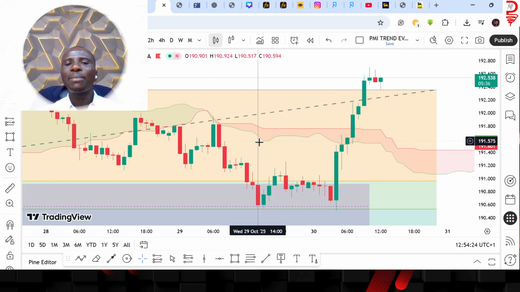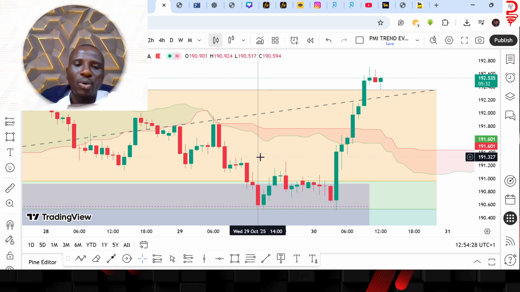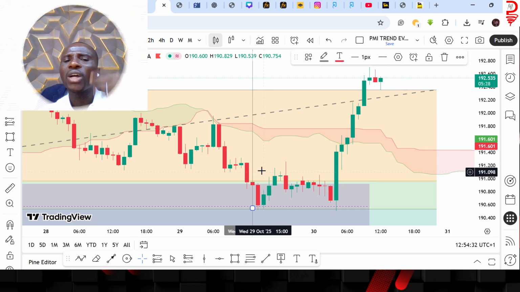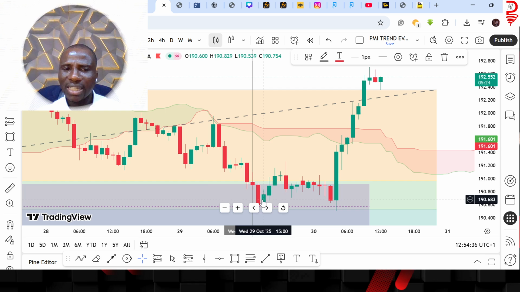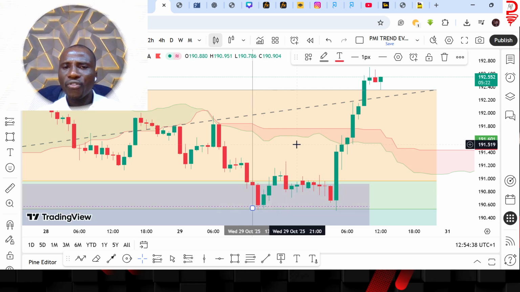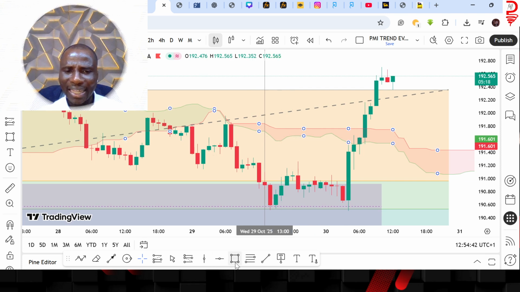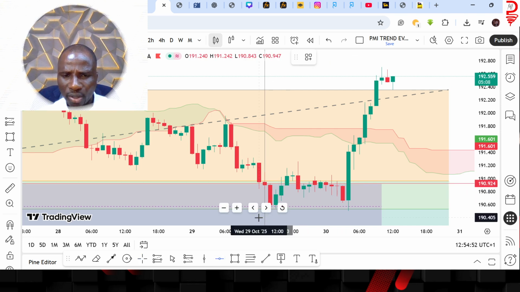After the price has traded back into the cash flow money box, you expect an engulfing move of minimum of two candles, and you can see a three-candle engulfing move. The high of that engulfing move, or the candle that was engulfed, will form your entry, and the low will form your stop loss.